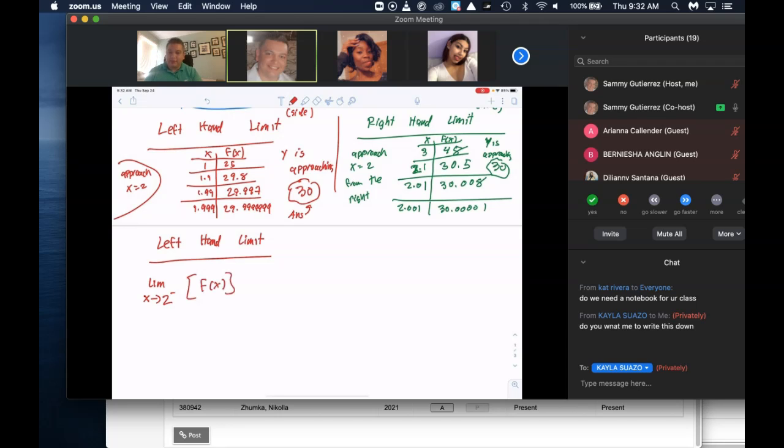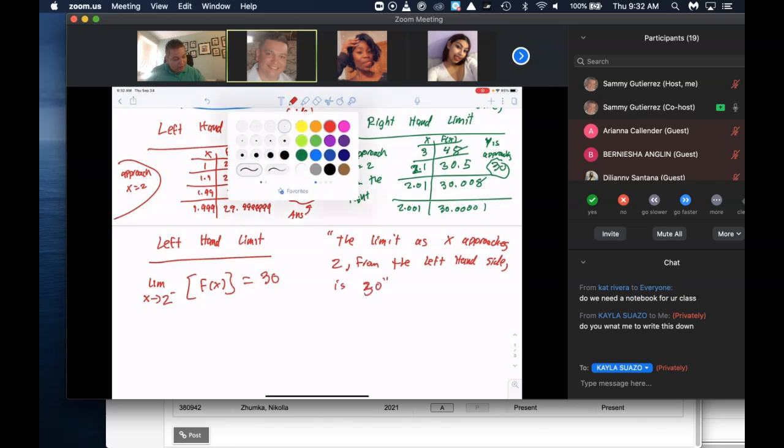Of f of x is, and what did we say our answer is? 30. So the limit as x approaches 2 from the left-hand side is 30.